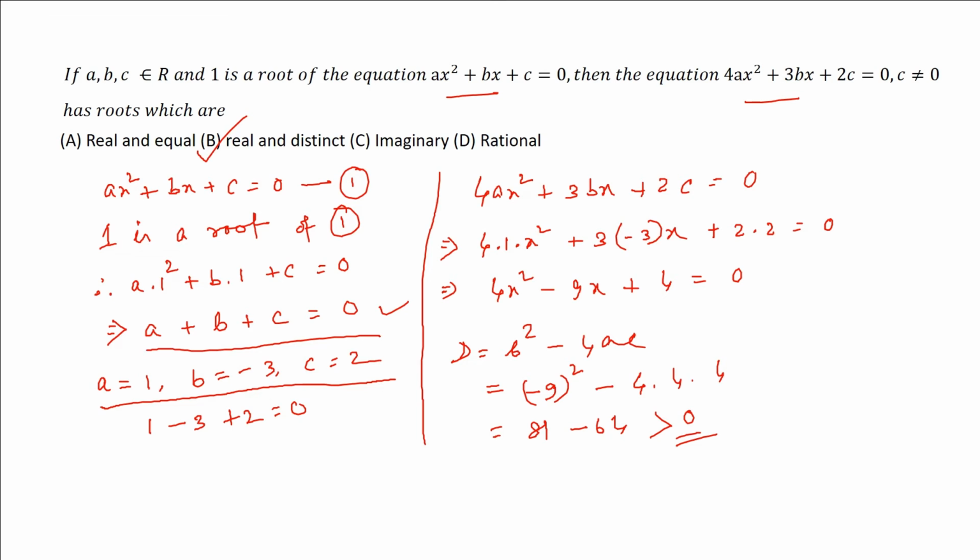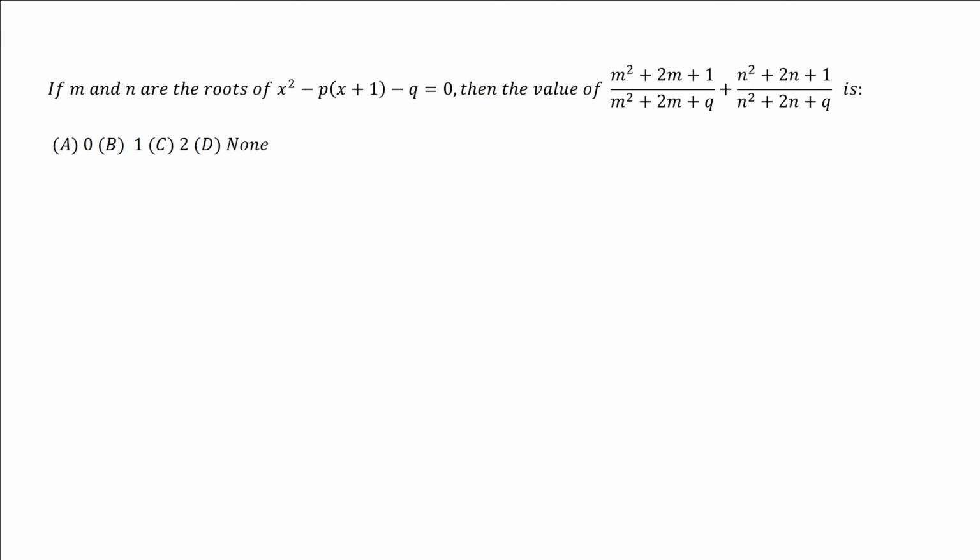Now, look at this example. If m and n are the roots of x square minus p into x plus 1 minus q equal to 0, then the value of the expression is 0, 1, 2, none. Look at this sum: if you perform the sum in a proper method, it will take a long time and it will not be fit for joint entrance or other engineering entrance examinations.